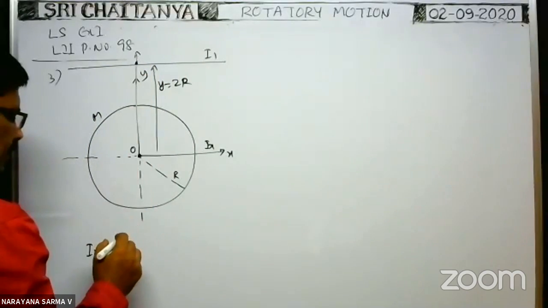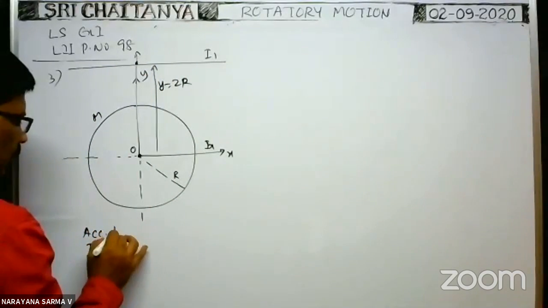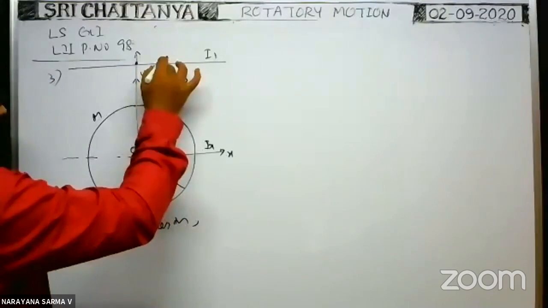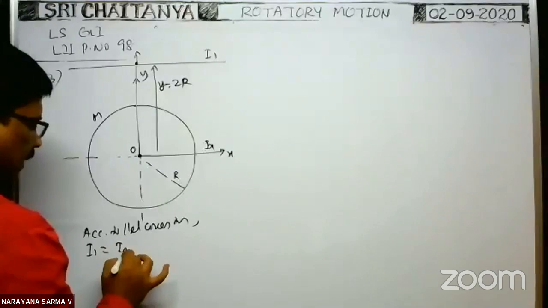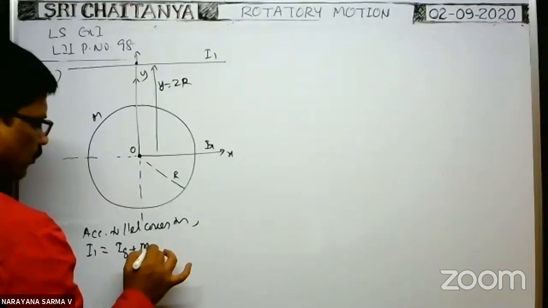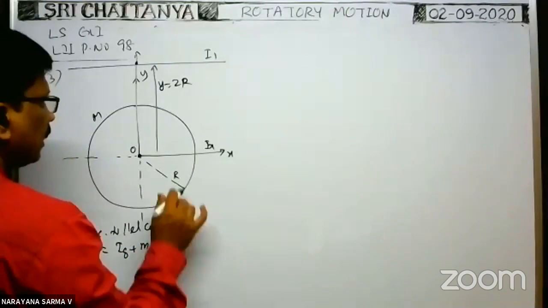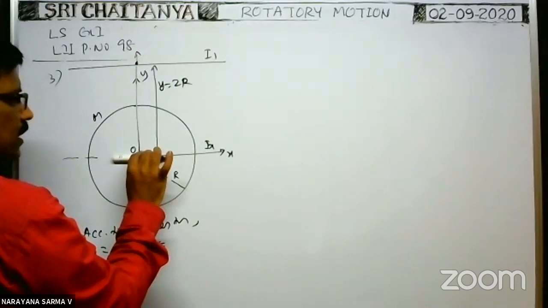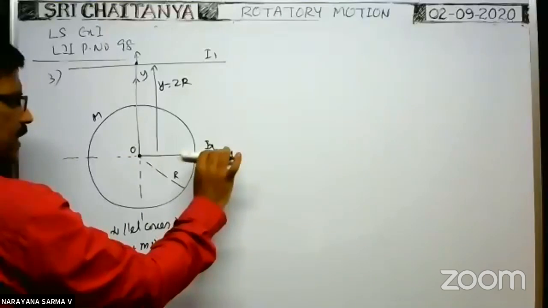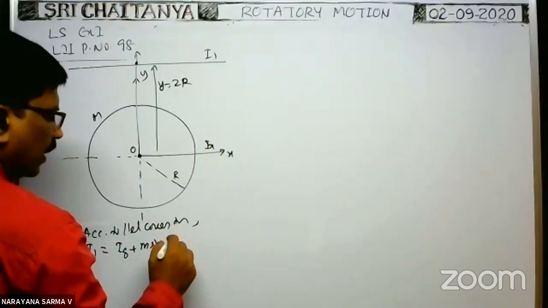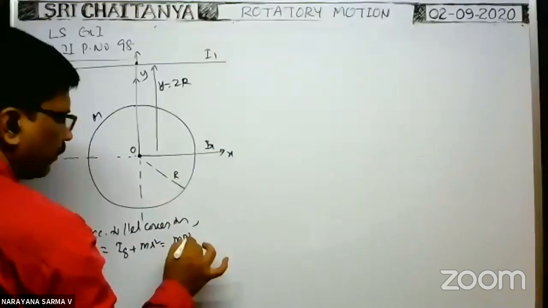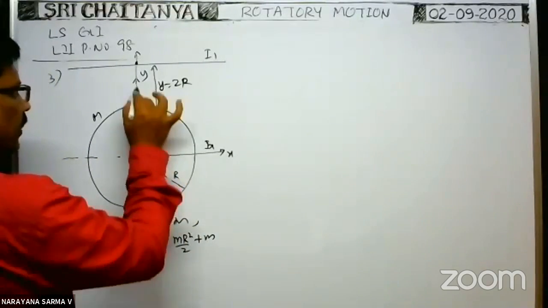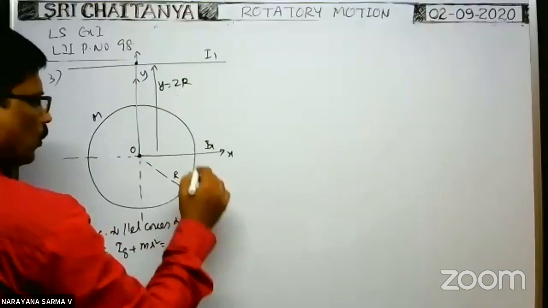So we apply the parallel axis theorem. According to the parallel axis theorem, I1 is equal to Iz plus m r square. Iz is about the diametric axis, which is m r square by 2, plus m into the perpendicular distance between the two parallel axes, 2r, whole square.